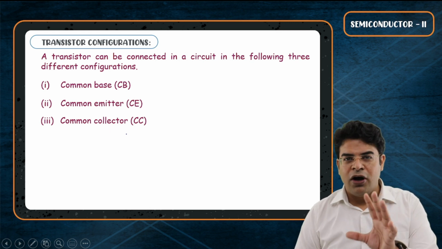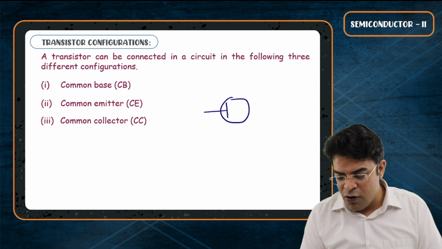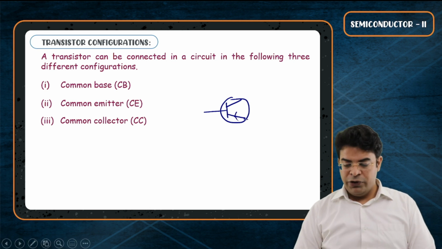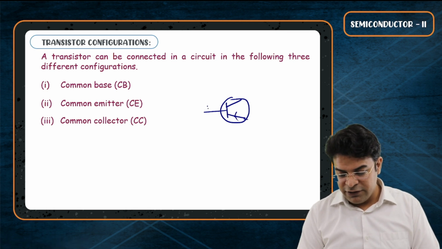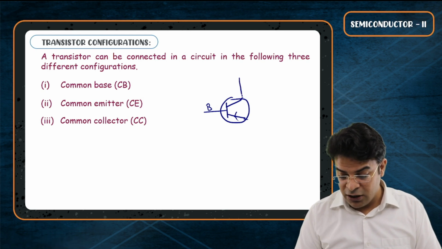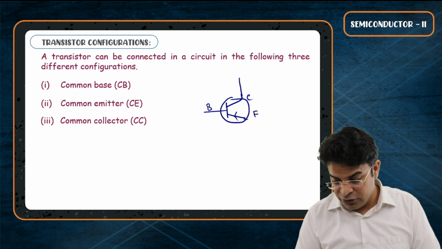So let me draw a diagram and tell me, first of all, which type of transistor it is, PNP or NPN. So you will say, sir, the one sandwiched in the middle is the base. The one on which no current is marked is the collector, and the one on which current is marked is the emitter.